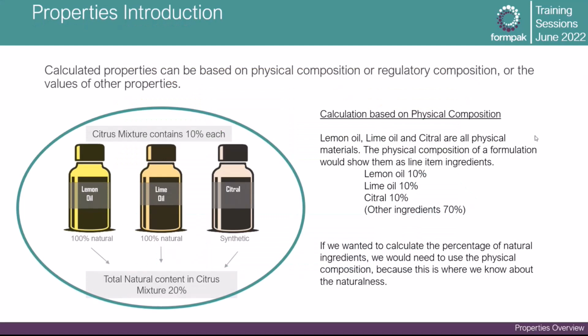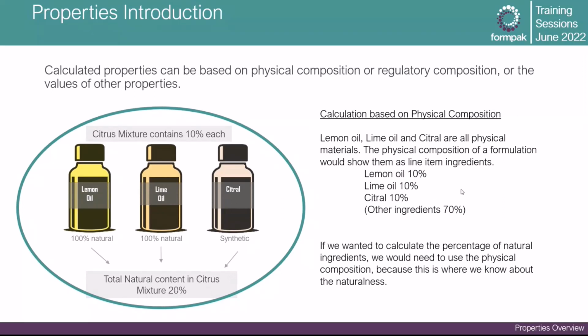Now, calculated properties can be based on physical or regulatory composition or the values of other properties. As an example, if we imagine a citrus mixture which contains 10% each of lemon oil, lime oil and citral. Obviously, lemon oil and lime oil are both natural and citral is synthetic. So we would have a total natural content of 20% in that mixture.